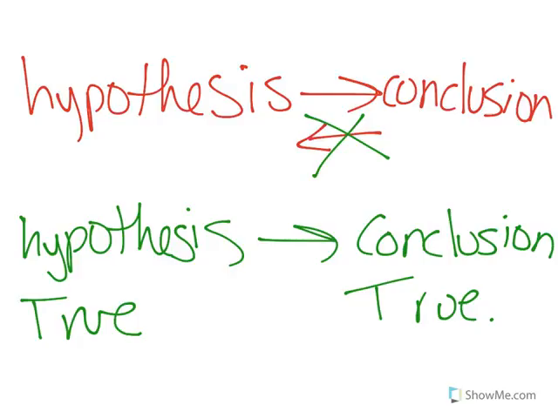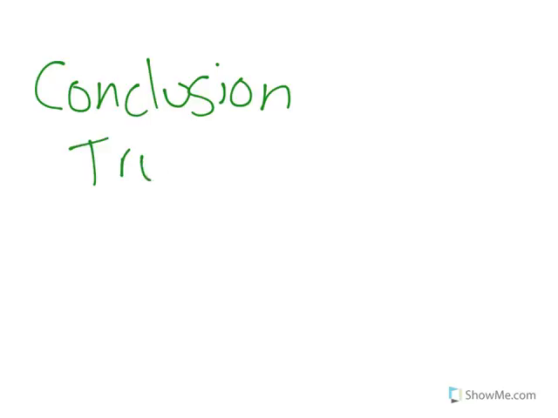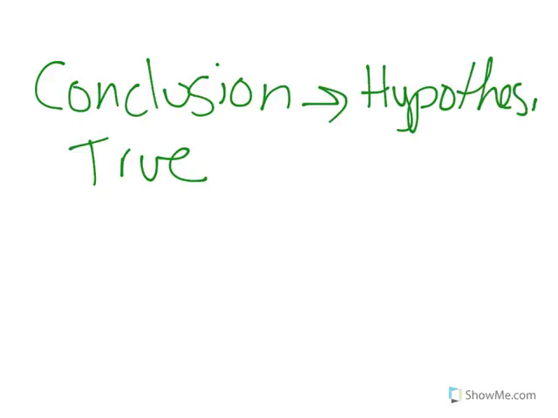However, if the conclusion is true, the hypothesis can be true or false. We don't know anything about it. Because if I'm inside, maybe it's because it's late or I just don't want to go outside, not necessarily because it's raining.